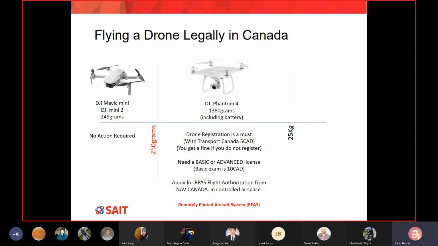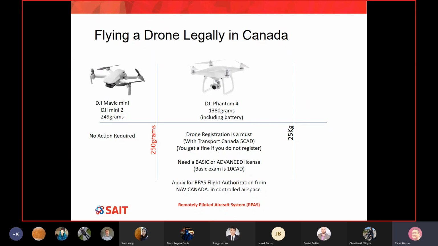And so what happens quickly, DJI, and DJI is, again, as I said, a monster company, a pioneer in drones. They created something very smart. They created a drone called the DJI Mavic Mini. It's a very small drone, 249 grams, including battery. It means 1 gram shy of the limit.